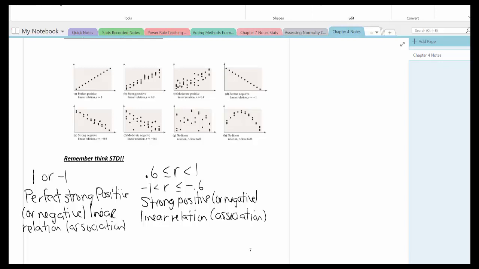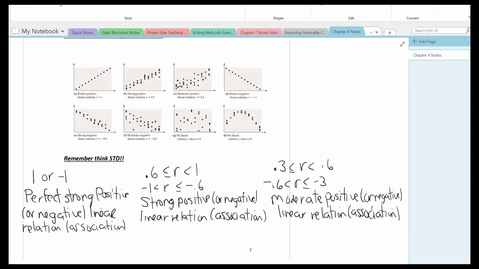Okay, suppose R is in between these values. Then this might be what I would write for the relation here: moderate, positive, linear relation.